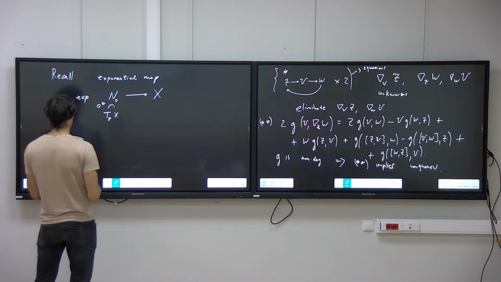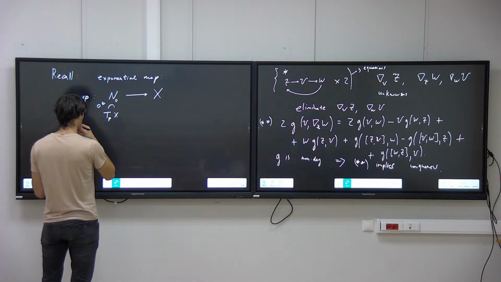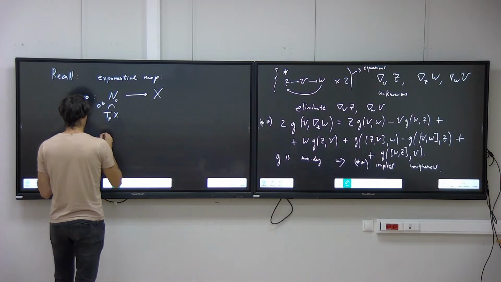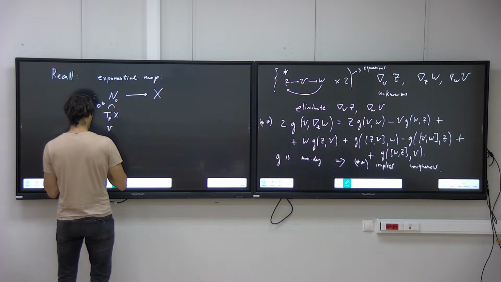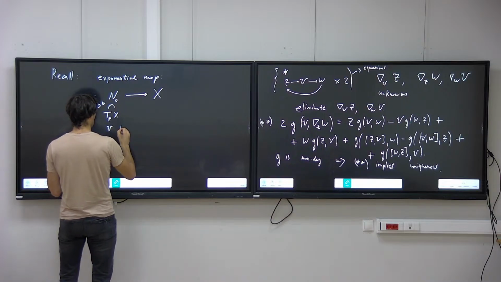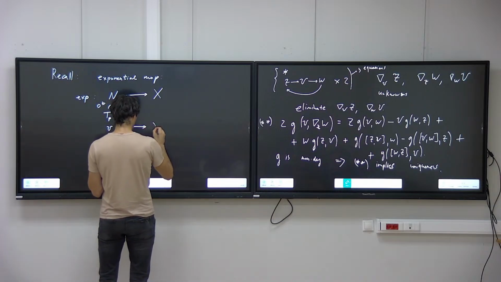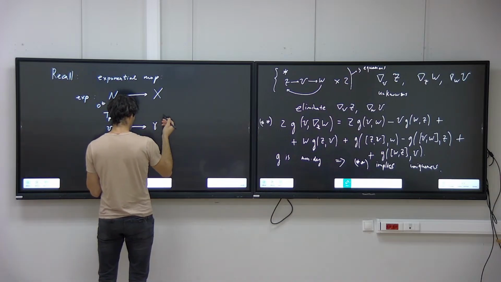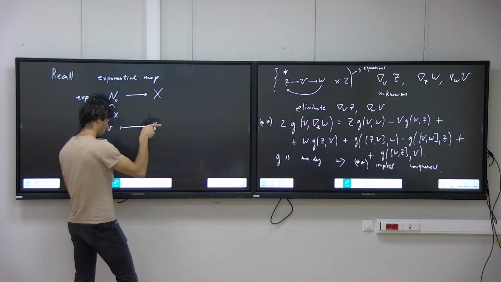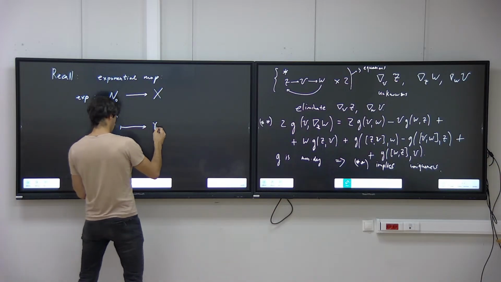And so what is the construction? You take v, and then you take the unique geodesic whose tangent vector at 0 is v.